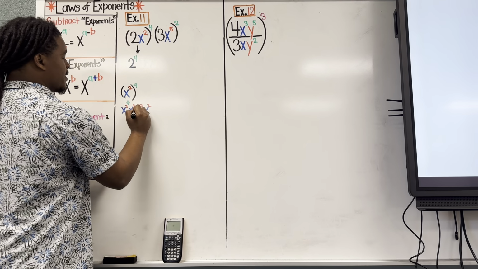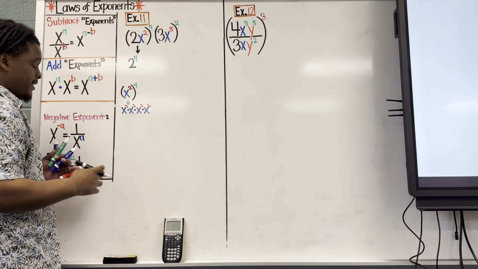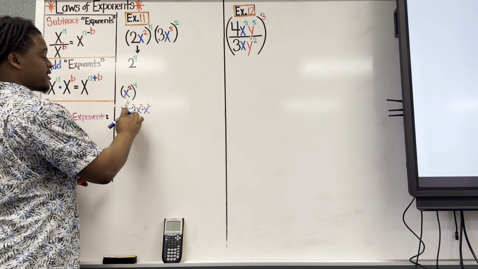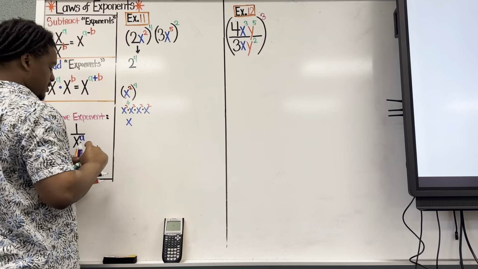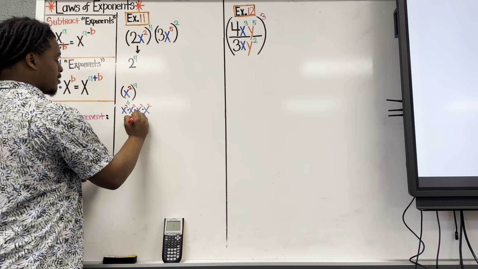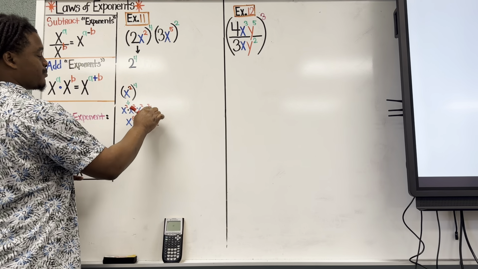Remember, guys, whenever we're multiplying values that have exponents, all we have to do is add the exponents. So x squared times x squared times x squared times x squared equals x to the 8th power, because 2 plus 2 is 4, 4 plus 2 is 6, and 6 plus 2 is 8.